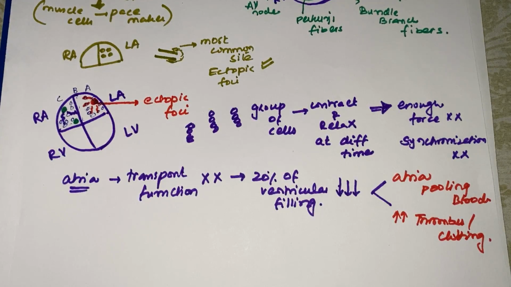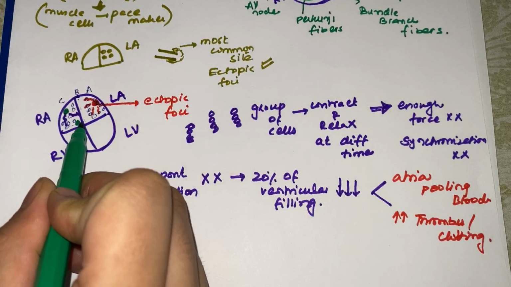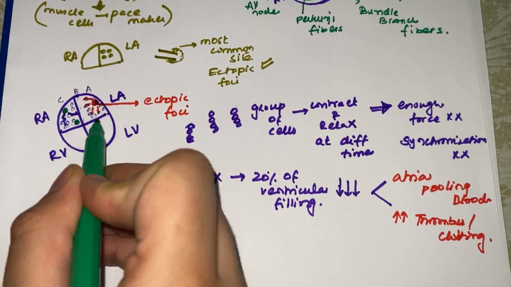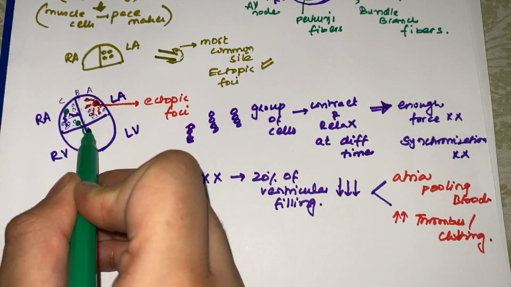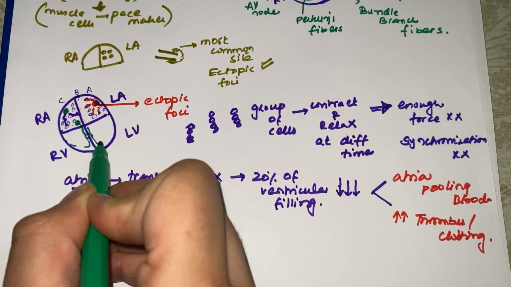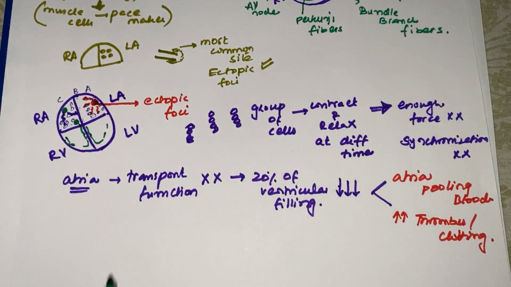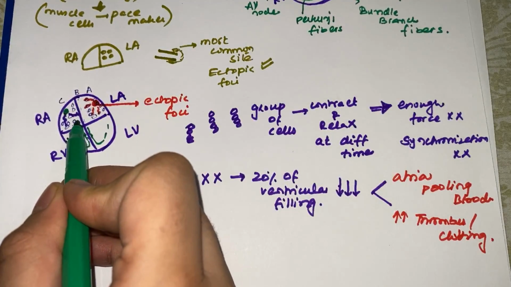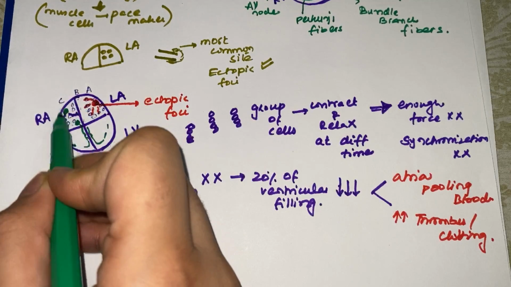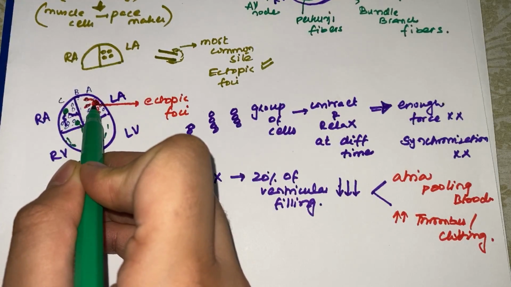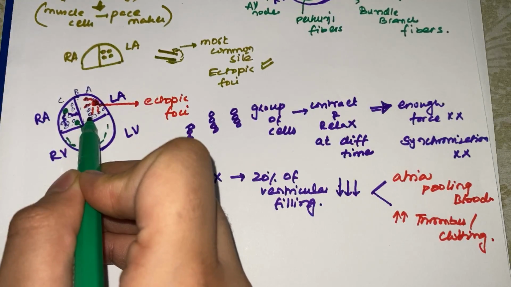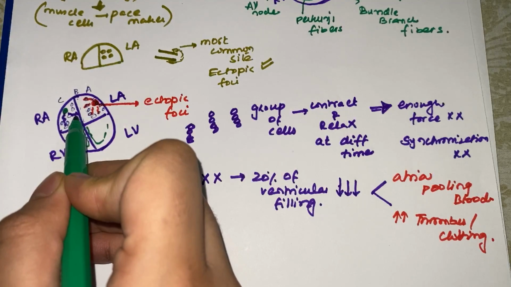Now look here, they receive impulses from this AV node. AV node has to then send impulses to the bundle fibers and then to the Purkinje fibers and so on. This is the whole cycle. But here what happens is, since the AV node is now stimulated by many of the impulses coming from the SA node, coming from these ectopic foci at different times, not at the same time.